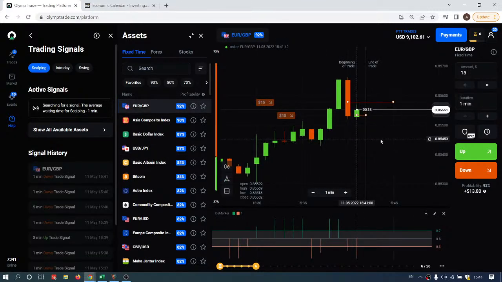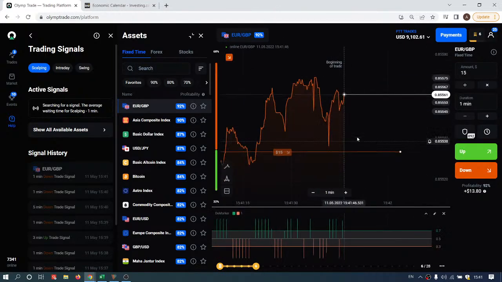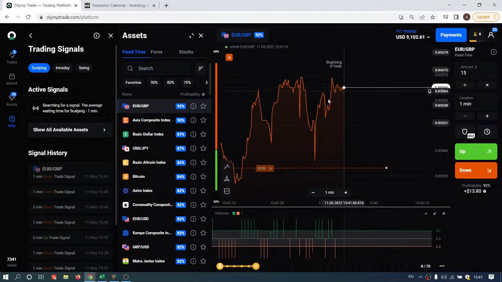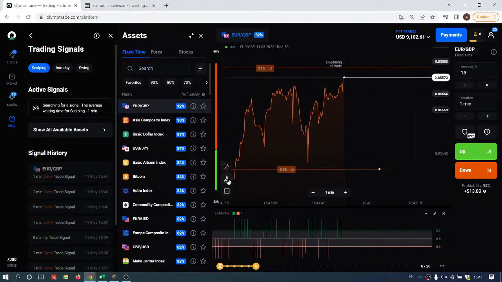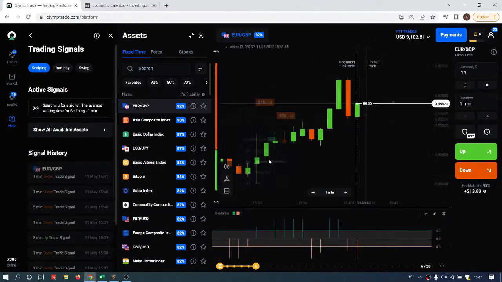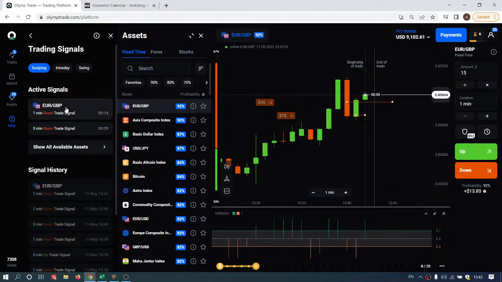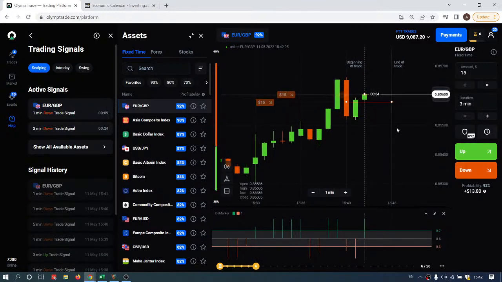And yeah, we can also switch to candlesticks. When we use trading signals, we don't really care about candlesticks, but with candlesticks, of course, it's more convenient to see these moments. And yes, we have another down signal and a 3 minute down.